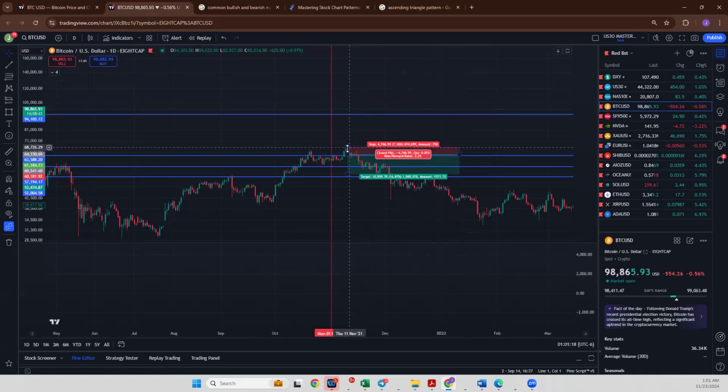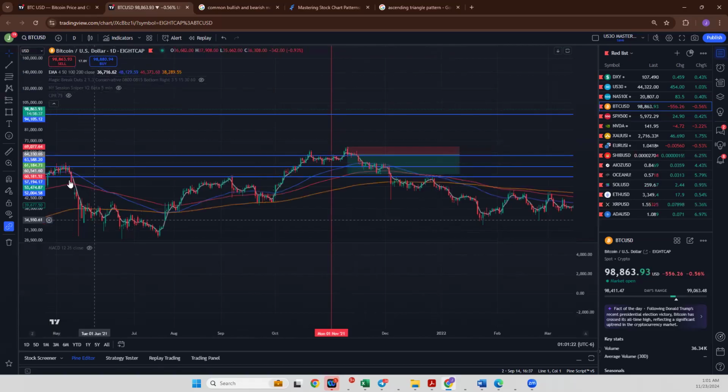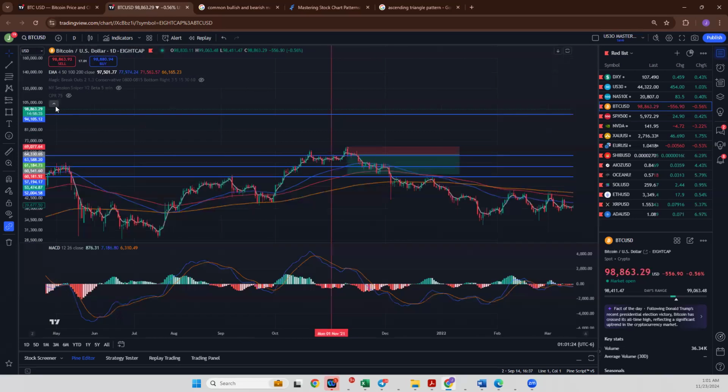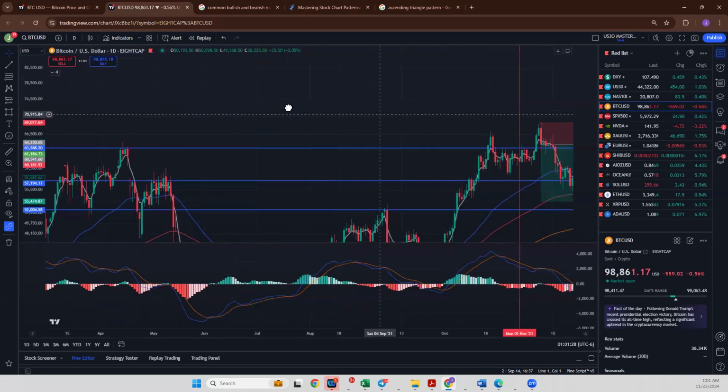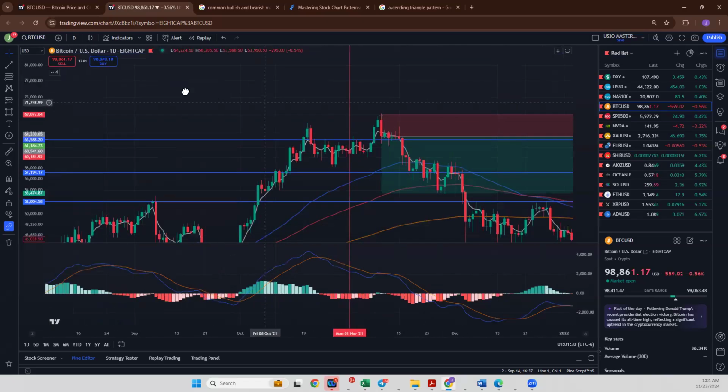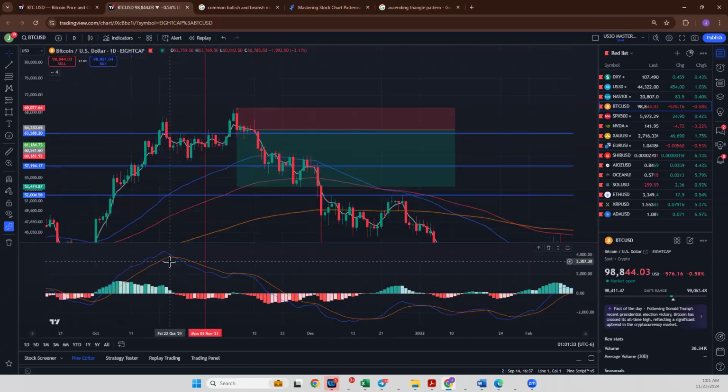But if we also combine the use of other tools to help us out, we see that we are capable of a lot more. So for one, this is the daily time frame, and we would have seen this move coming a long time ago because the MACD was already bearish.